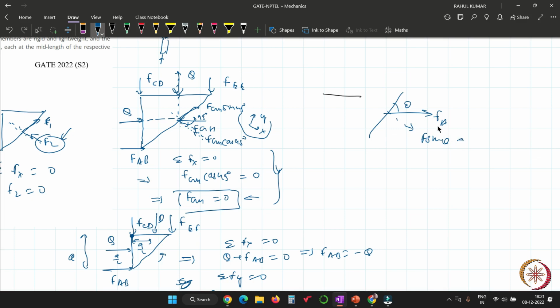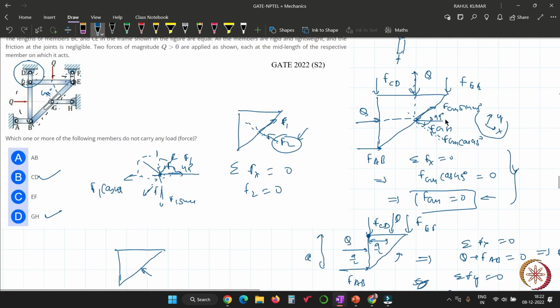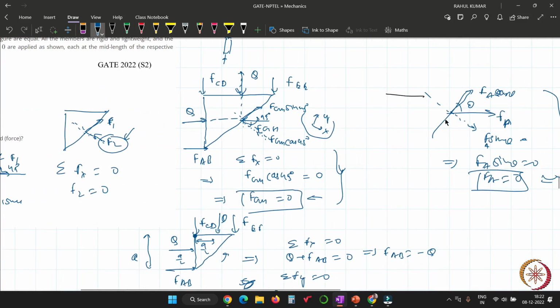If you resolve the force FA in two directions, one perpendicular and one along the tangential, then by writing the equilibrium equation in this direction, F sine theta equal to 0. So you will receive the same result by writing the equilibrium equation in this direction. So don't just remember results. You have to understand also.